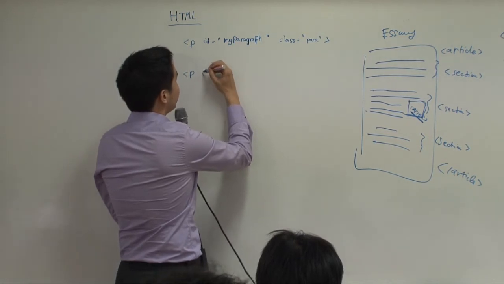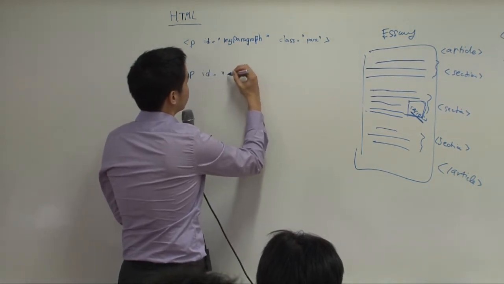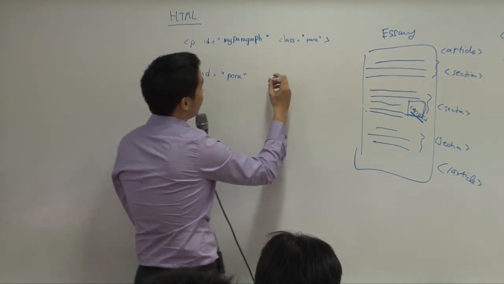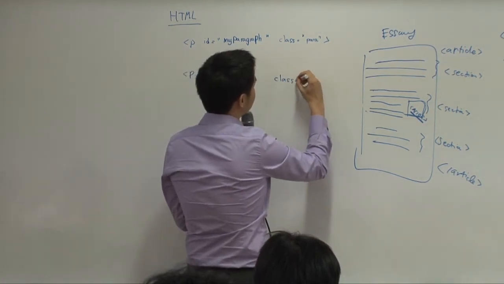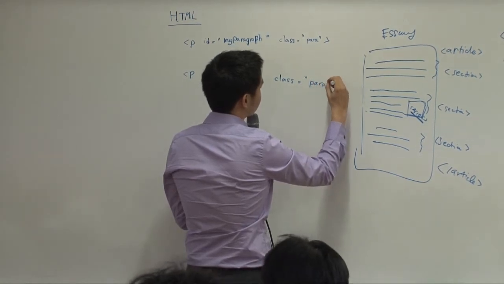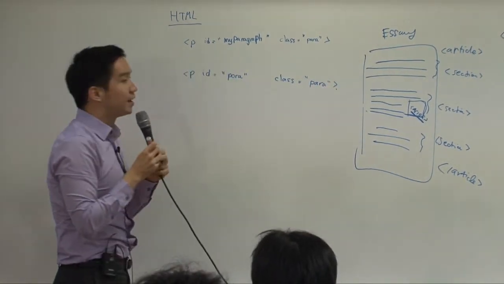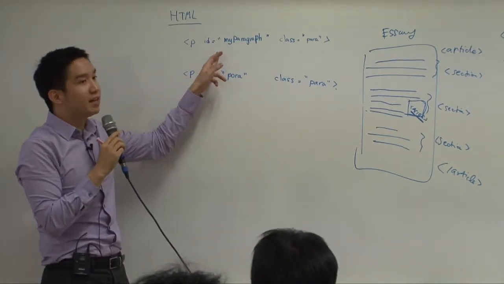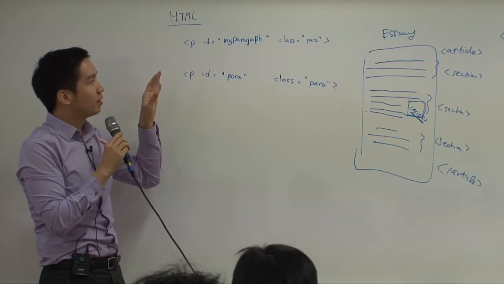So we have ID, I'm making stuff up right now. All right, so we have two paragraph tags. One with the ID, okay.